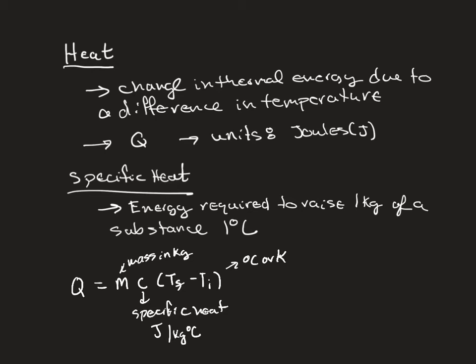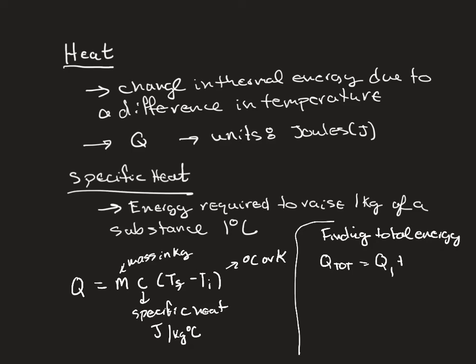And we can then use this to find the total energy change for a system, where you would take the change in thermal energy for one object in the system plus the change in thermal energy for another object in the system, and if there's a third object, you'd add another change in thermal energy.